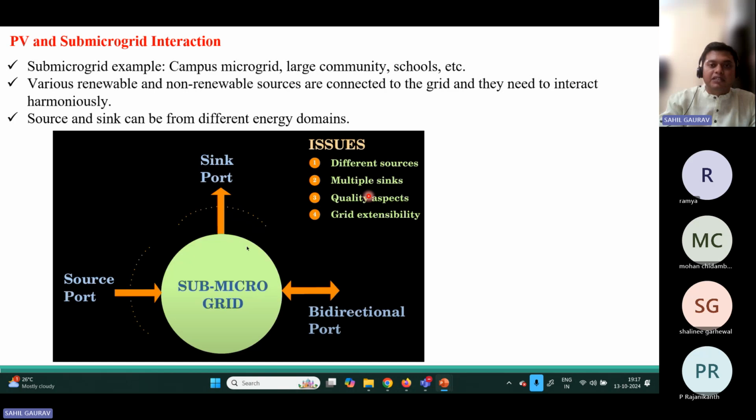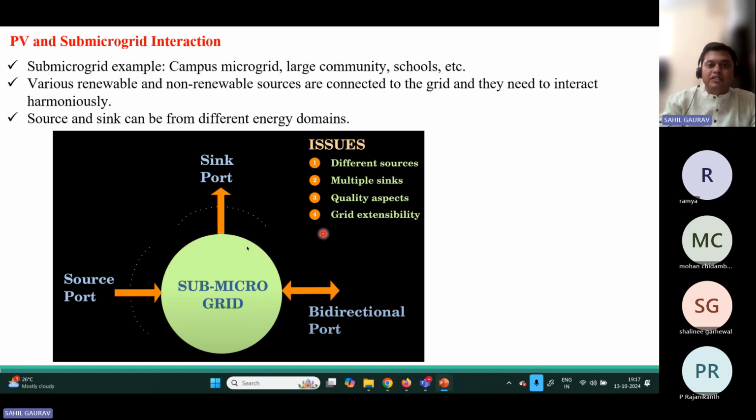Then you have multiple loads, which can be AC or DC type, and based on the loads, you have to check the type of buses present in the system. Then you have to maintain the power quality in the system.